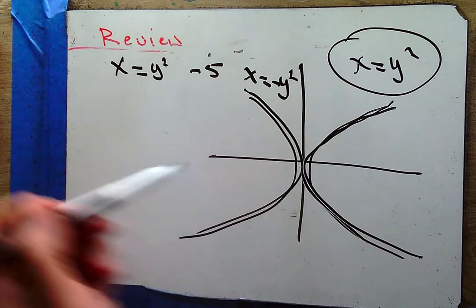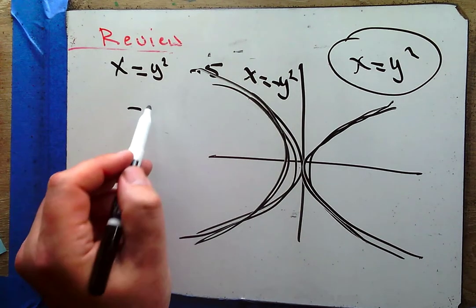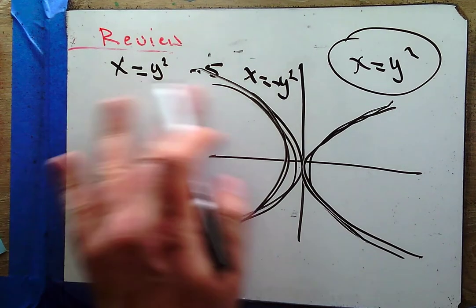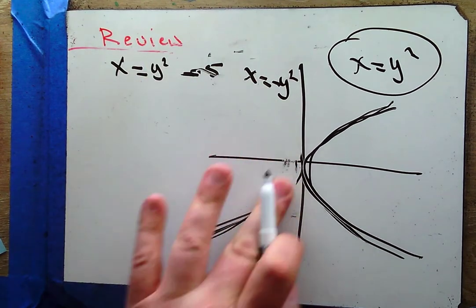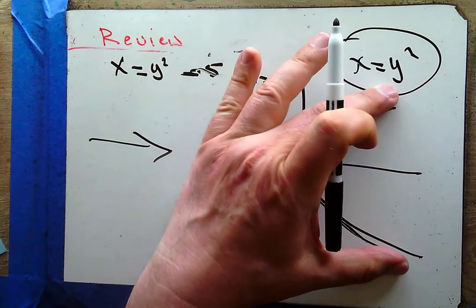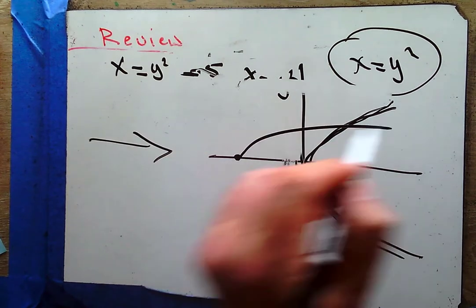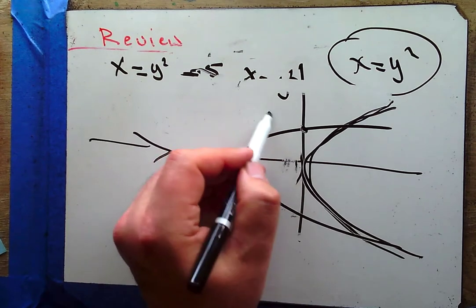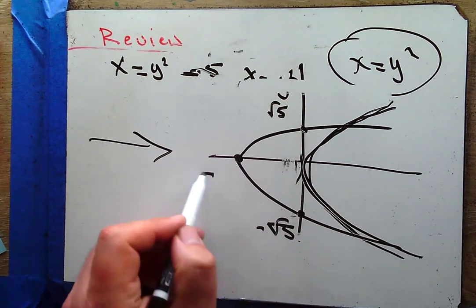When I look at the graph from here, I see a downturned parabola. Negative y squared equals x. So when I think about y squared minus 5, if I'm looking at it from this direction, I'm going to take my y squared and move it down 5. So, lo and behold, I get root 5, I get negative root 5, and I get negative 5.